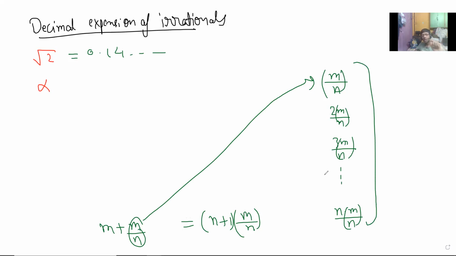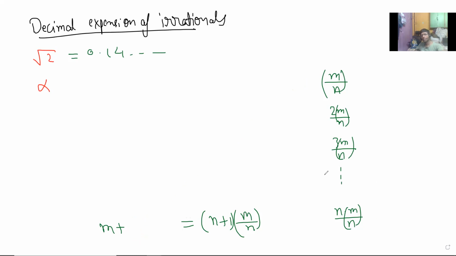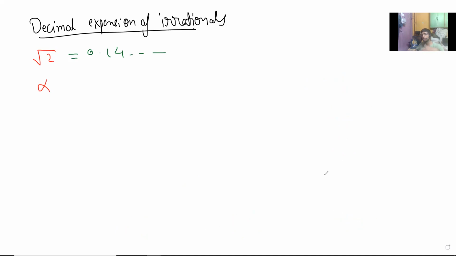But for an irrational number, something very opposite happens. You get infinitely many decimal expansions. What do I mean?